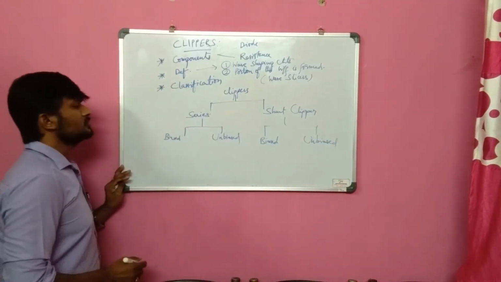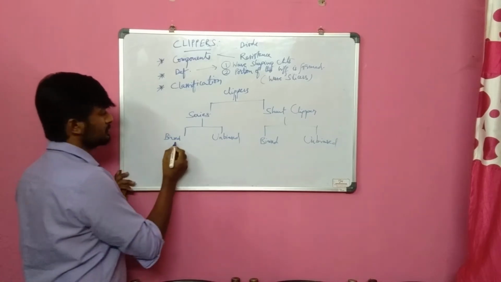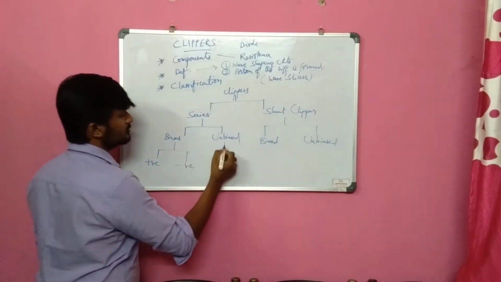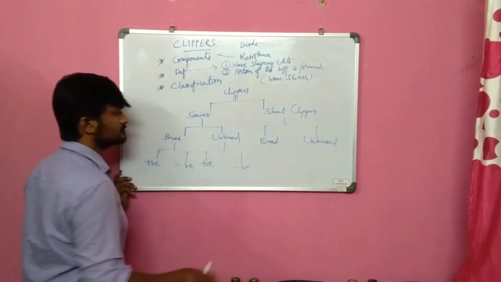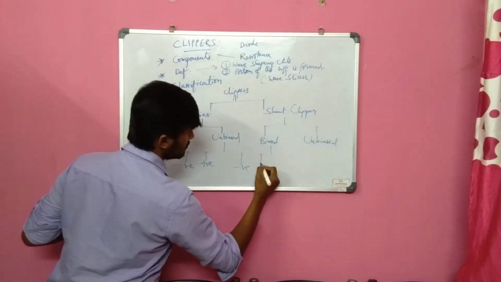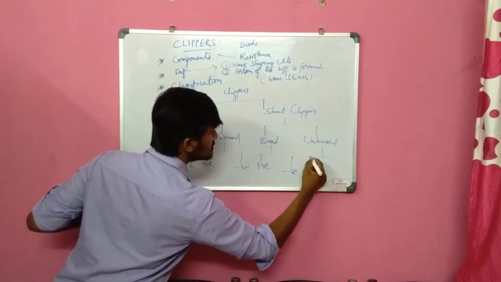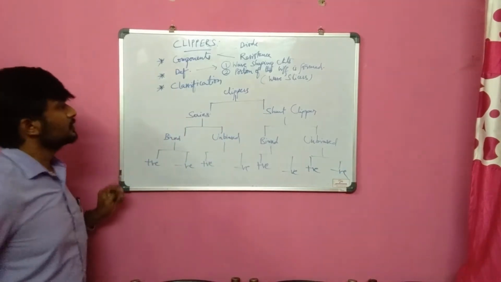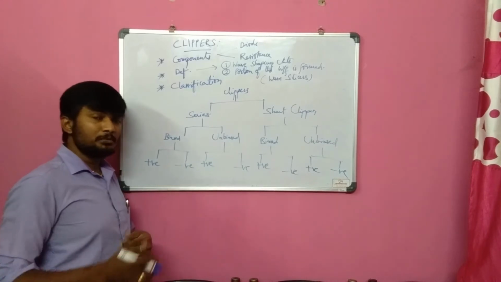Further, these biased and unbiased are divided into positive and negative clippers. Let's define each and every classification briefly.